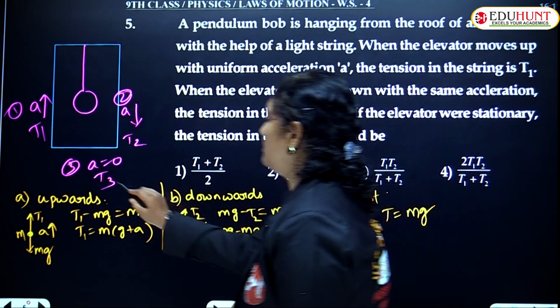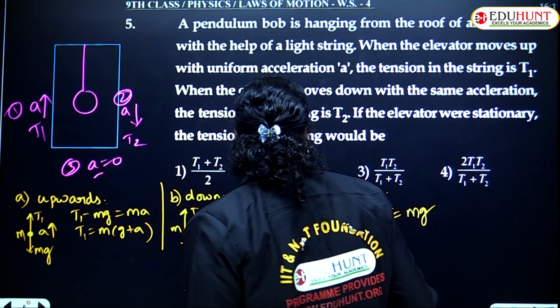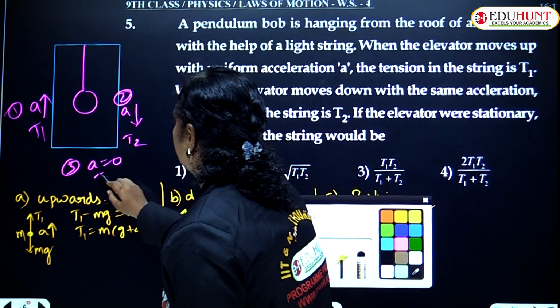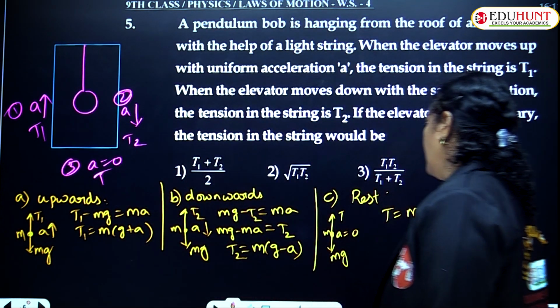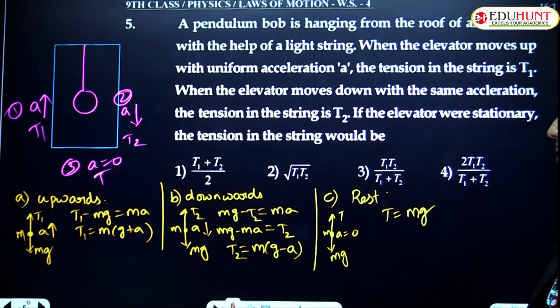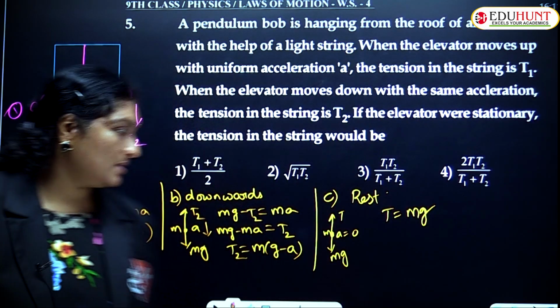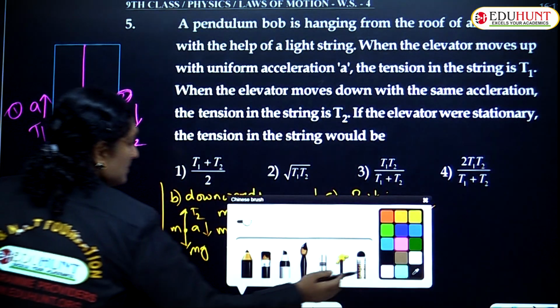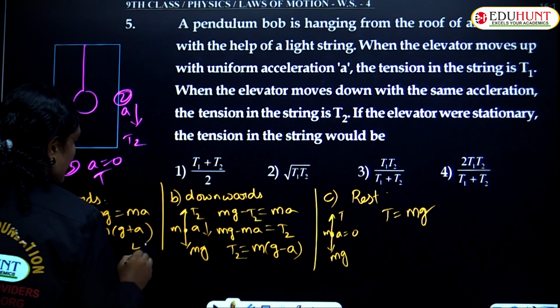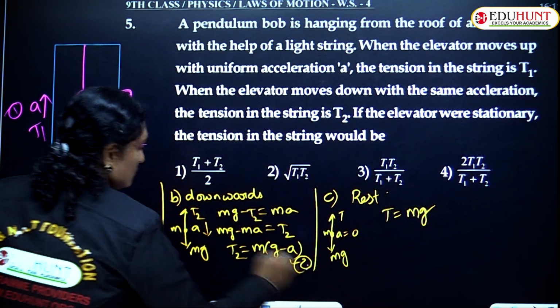This new tension you are asked to find out, let me name it as T. So what is the value of T, children? You have to use T1 and T2. Concentrate on this. Let this be equation 1 and this be equation 2.